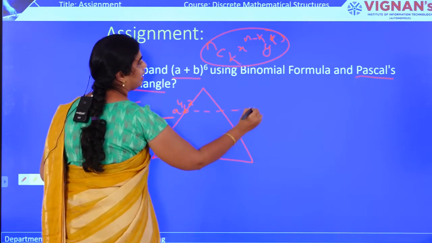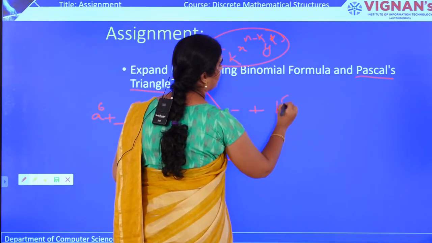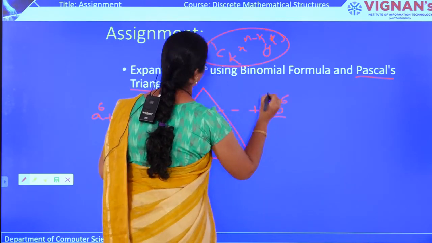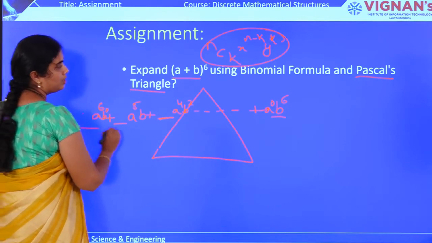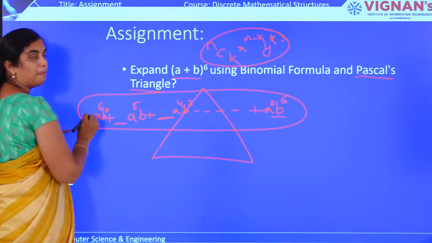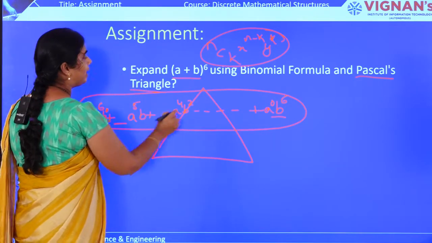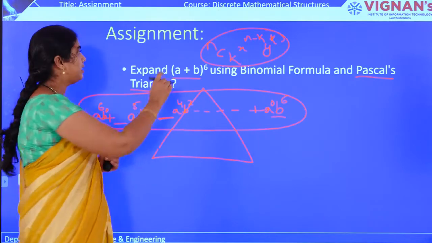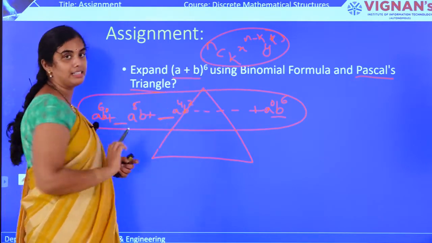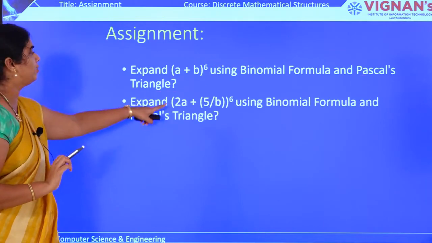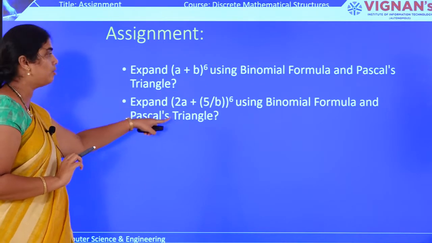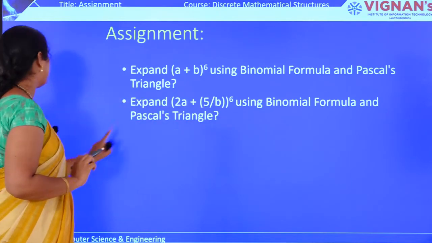See, in this way it will go up to a power 0, b power 6. This means here a power 6 means it is b power 0 only. So, this is the term. In this pattern you need to find the binomial coefficients using this formula and this Pascal's triangle. Okay, this is the first expansion. Similarly, you need to find the second expansion also using the binomial formula and Pascal's triangle.